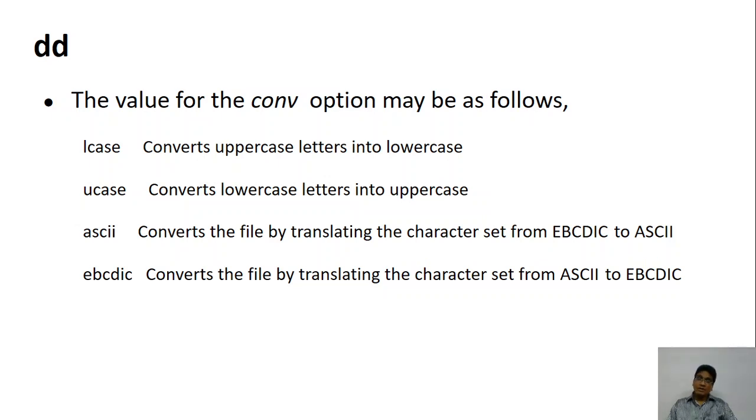If you have data in the EBCDIC format, that is Extended Binary Coded Decimal Interchange Code, which you studied in your first year, you can convert that EBCDIC into ASCII, or from ASCII to EBCDIC. So you can do this, but if at all you want to try it, please try it with a file, and be extremely sure that you have not given the partition rather than the file name. All of them will appear like a file.